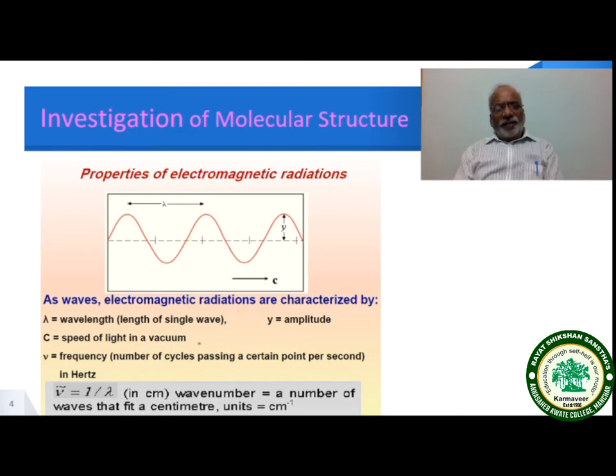Another term that we are going to find here, and that is more important in spectroscopy, is wave number, and it is represented by nu bar. Now see here, nu bar is given as the reciprocal of wavelength, that is 1 upon lambda.